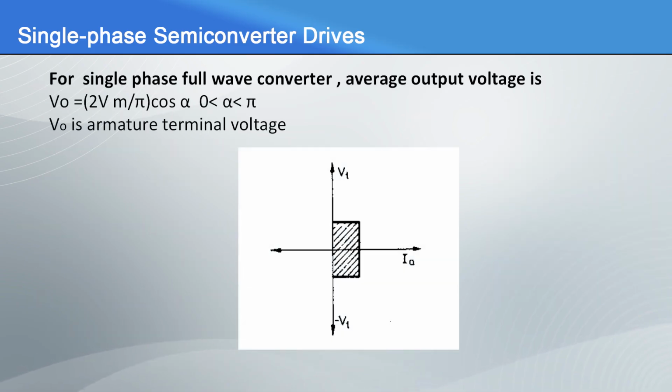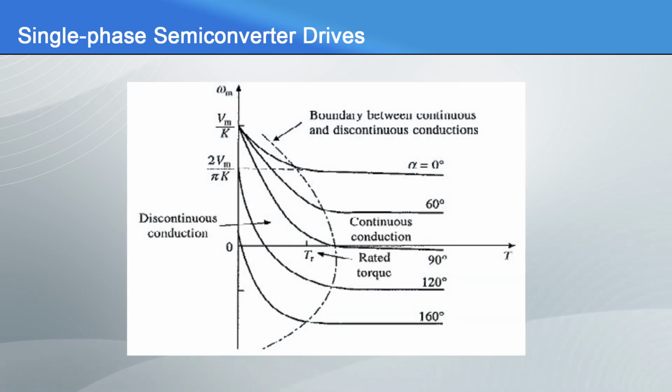For a single phase full wave converter, the average voltage V naught is given as 2 Vm upon pi cos alpha, where alpha lies between 0 to pi. The boundary between continuous and discontinuous conduction is shown by the dotted line in the figure.